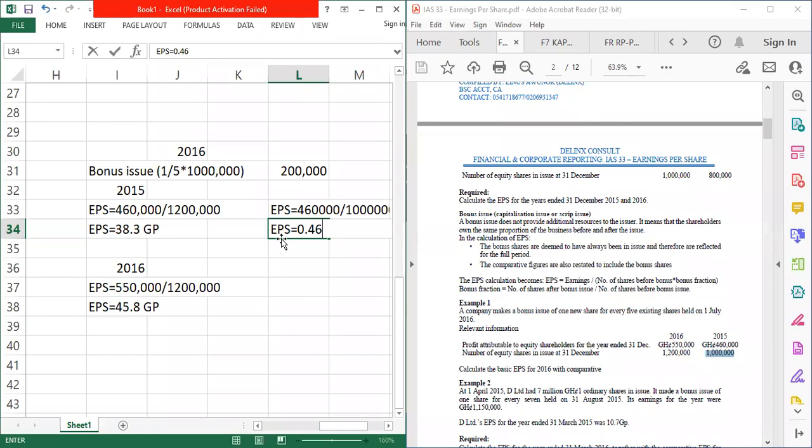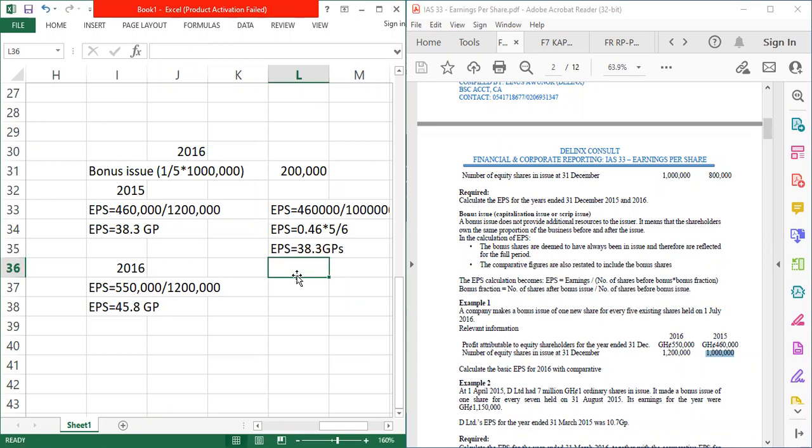The top will come down, and the bottom will go up, which will be 5/6. Multiply this by 5/6 and see. 0.3833. So that will give us 38.3 pesos. Am I correct?